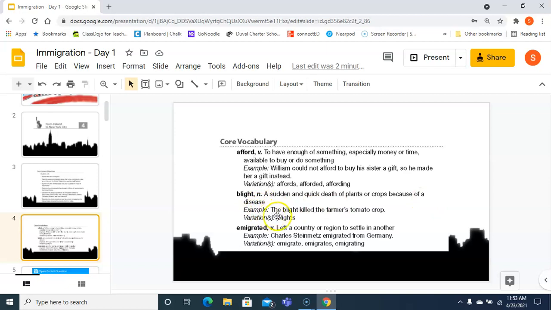An example might be a blight killed the farmer's tomato crop. Immigrated, with an I, immigrated, means left a country or region to settle in another. Example, Charles Steinmetz immigrated from Germany. Another way to spell it is IMM, immigrated.